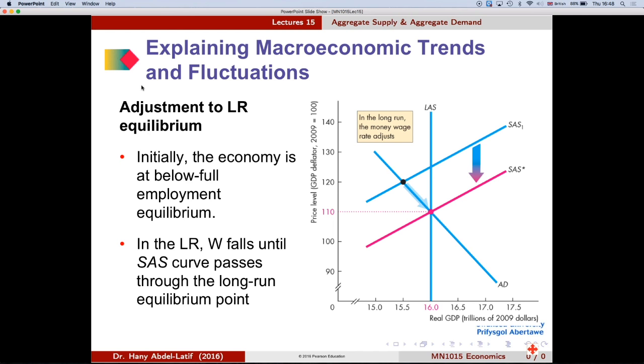So this point here is the long run equilibrium. And what you see now is the adjustment, how we reach that point. So if, for example, equilibrium happened before the potential GDP, we know that this is the long run equilibrium point where the aggregate demand cuts the long run aggregate supply.